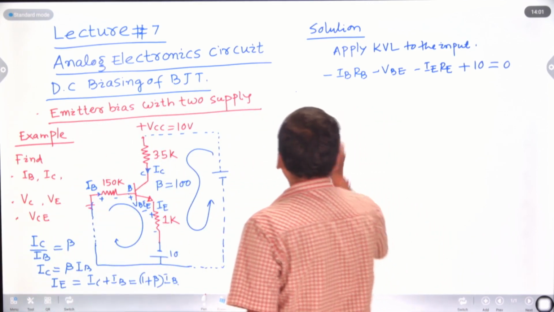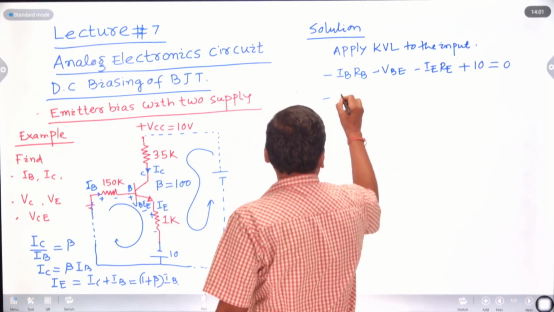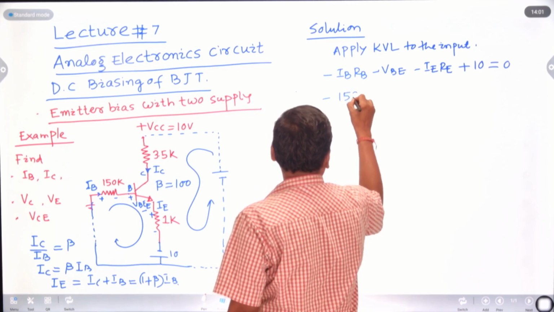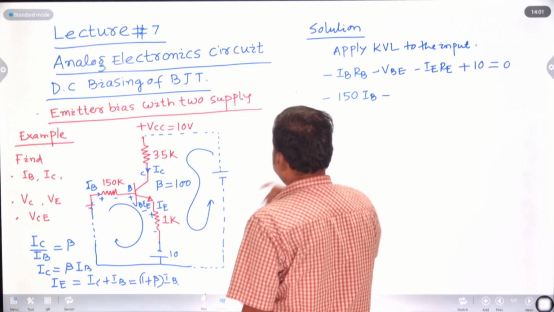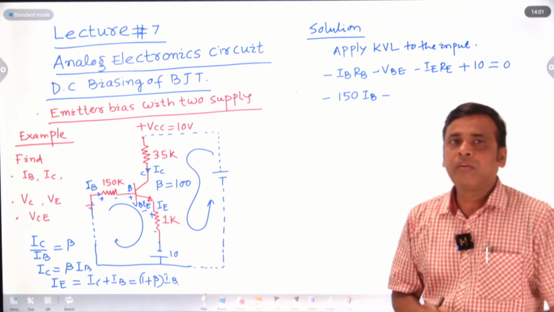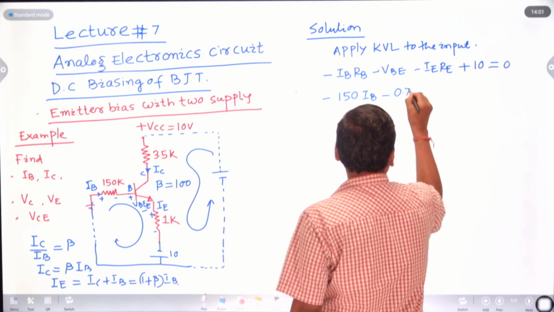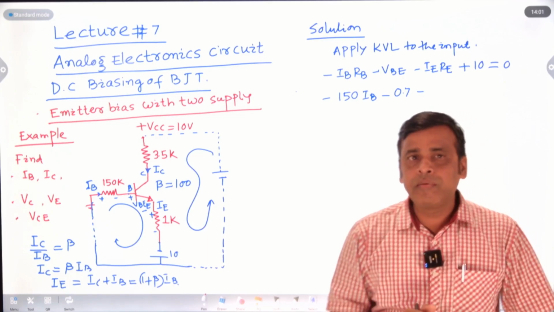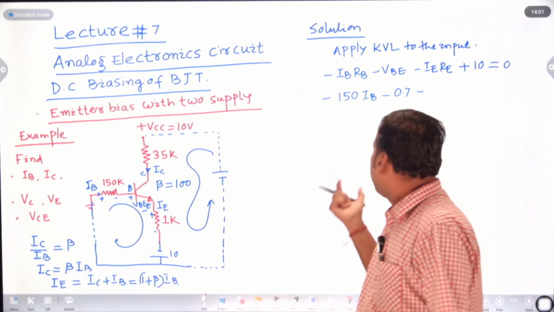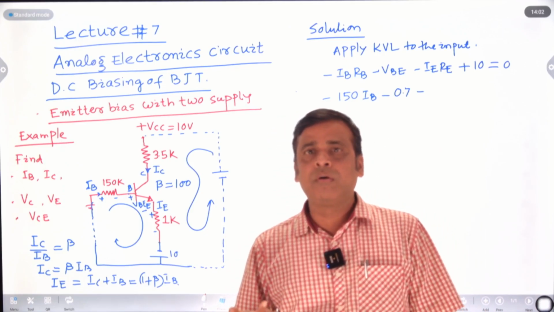What happened here? Minus IB RB, 150 IB. Then minus VB, if VB value is not given, consider VB equal to 0.7, that is minus 0.7. Minus IE. If you apply KVL to the input, whatever the current, if collector current is given, convert it into base current, IC equal to beta IB.